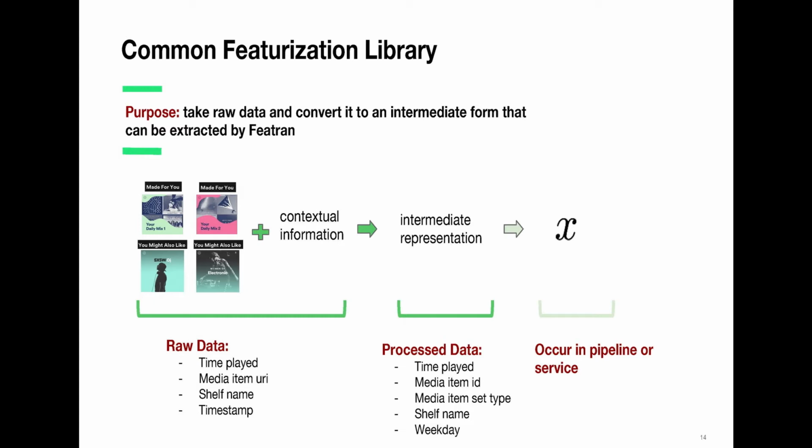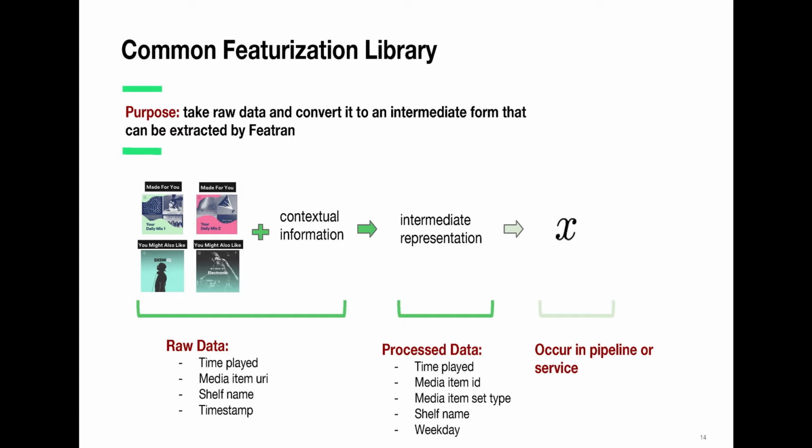So we're going to first transform that across all users to map to a common ID. And then also the media item set type. So this could be like a personalized playlist, which is what daily mix is, a Spotify playlist, or your playlist. We'll also have the shelf name, and then from the timestamp, we're going to extract the weekday.